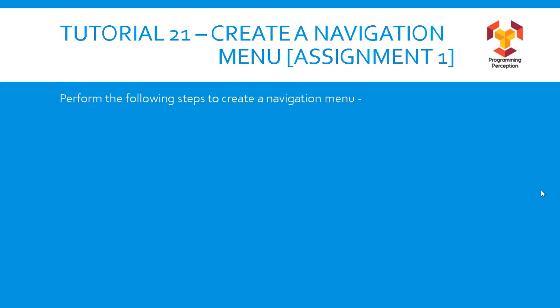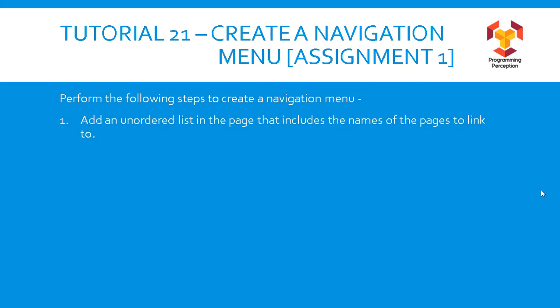Now to create a navigation menu, we have to perform the following steps. First of all, we have to add an unordered list in the page, a UL. And in that list, we will provide names of all the pages that we want to link to. Then we will convert each page name into a link. And how are we going to do that? Of course, with the help of the anchor tag.